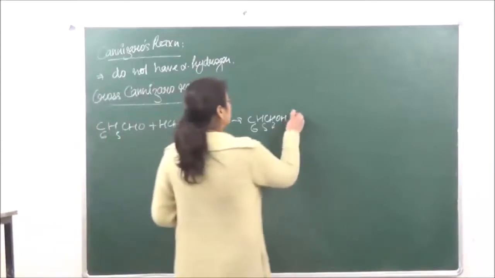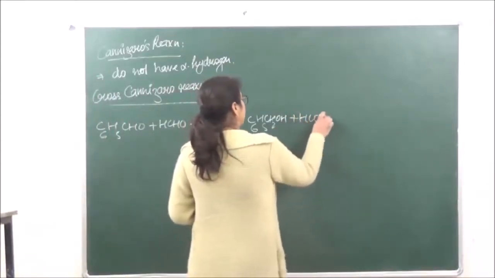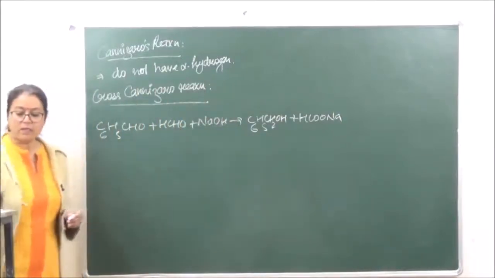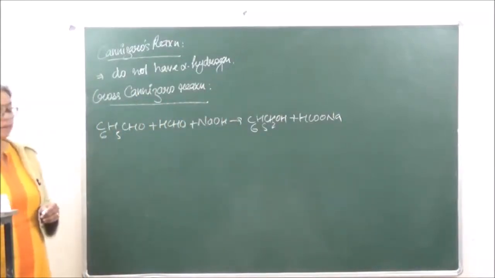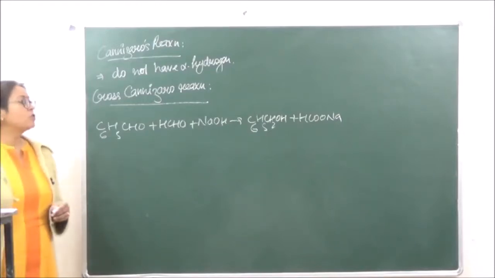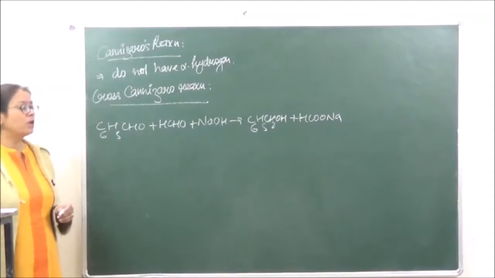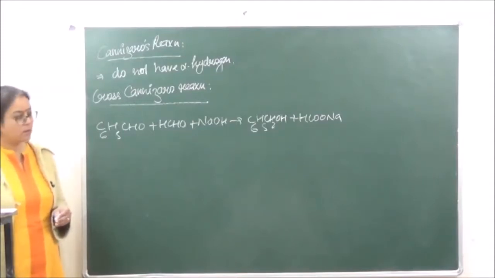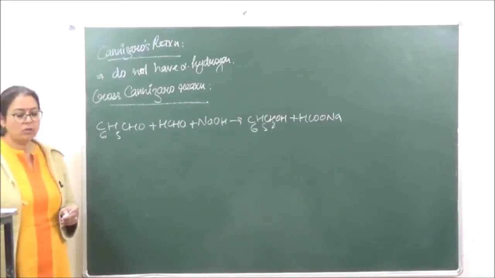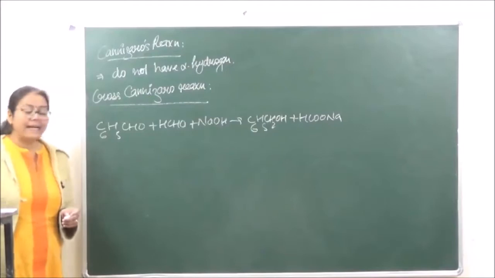And plus we are going to get HCOONa. The larger one always forms the alcohol, and the smaller one will always form the HCOONa. Got it? So this is all about these aldehydes and ketones.